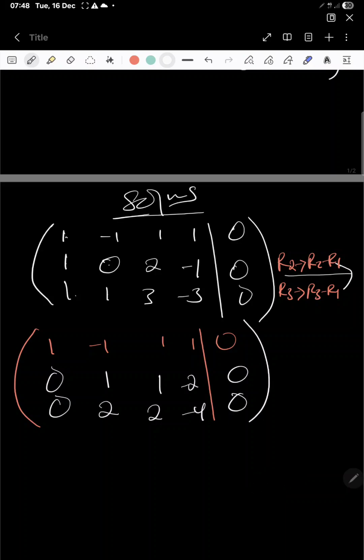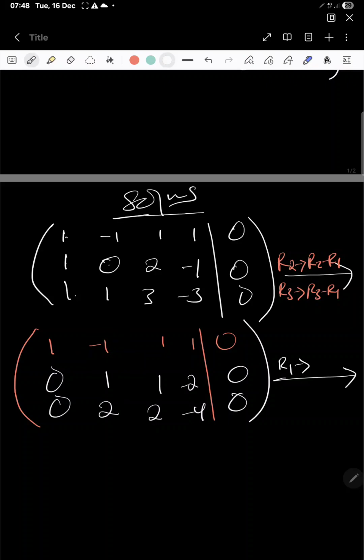Now remember, we should also go to the next row and make this our reading entry. If this is our reading entry, it means we should make this number here a 0, and this number also a 0. So we are in row 1. For us to make this number here a 0, we just add row 1 plus row 2.